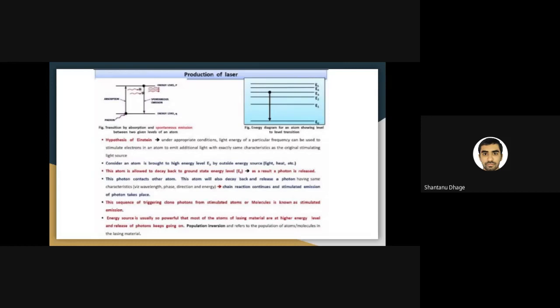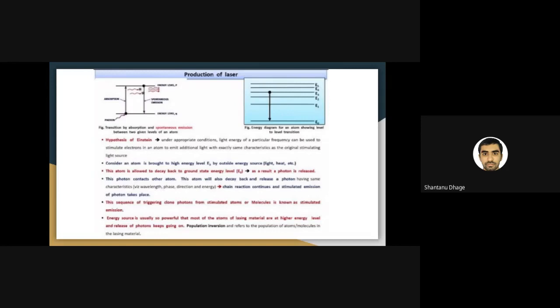Now consider, as you can see in the slide, I have shown the diagram. Consider an atom that is brought to a high energy level E2 from energy level E1 by an outside energy source.